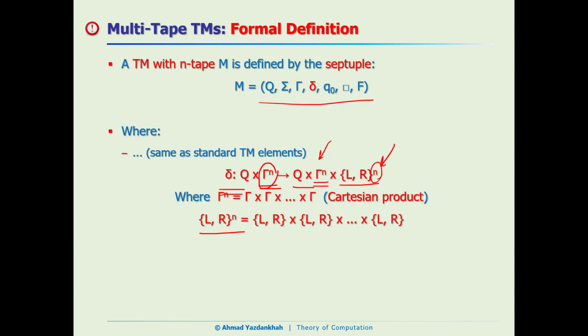It means we have the Cartesian product of several movement sets. And for the tape alphabet, gamma to the n is the Cartesian product of all of them. So with these changes, we can create the formal definition of the multi-tape Turing machine.